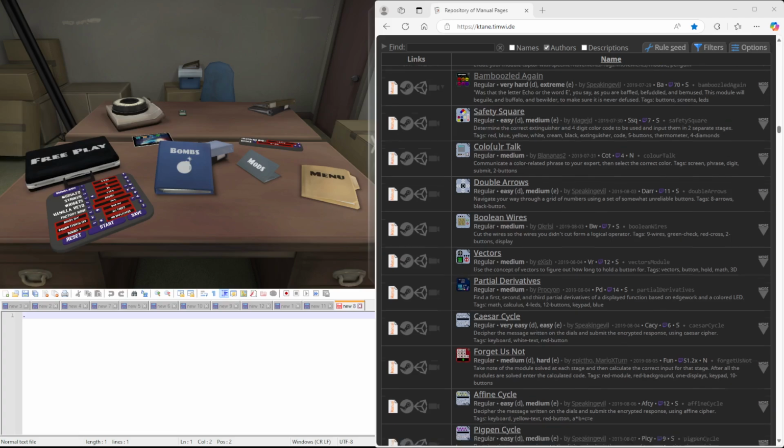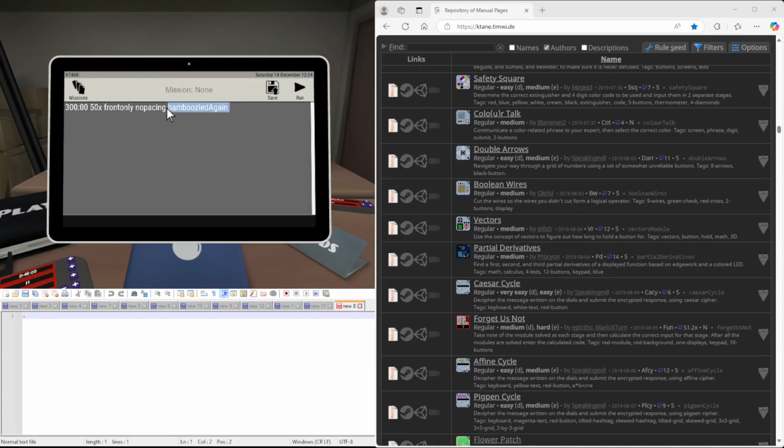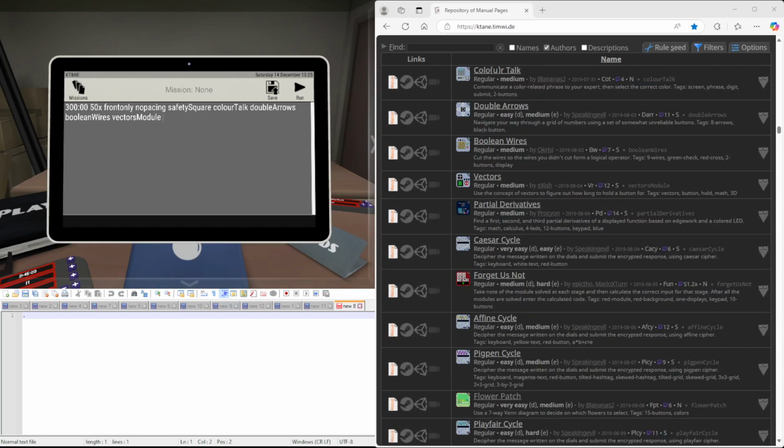So last time we did BA. So we have safety square, color talk, double arrows, Boolean wires, and vectors. I'm going to do it in groups of 5 here because of how some of these are set out.